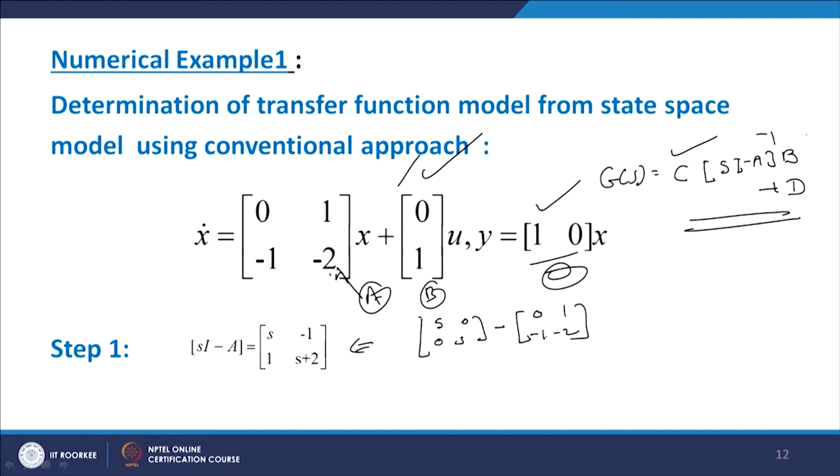So you see it: s minus 0 is s, then 0 minus 1 is minus 1, then minus of minus 1 is plus 1, and s minus of minus 2 is s plus 2. So now we have got sI minus A.